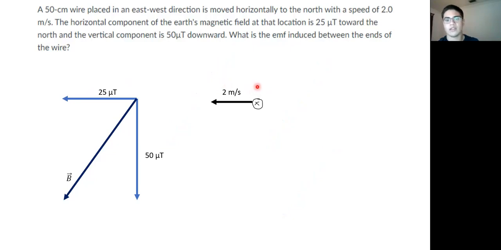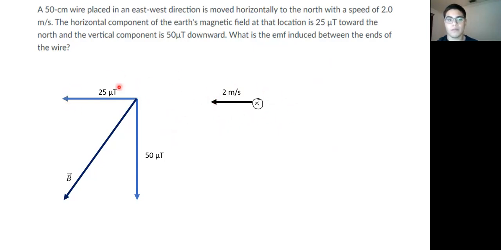So you're going to see that this is not the magnetic field we're going to be working with, even though that is what the magnetic field looks like in the situation. What we're actually going to be worrying about is only this component, because this horizontal component is parallel to the horizontal movement or motion of this wire.